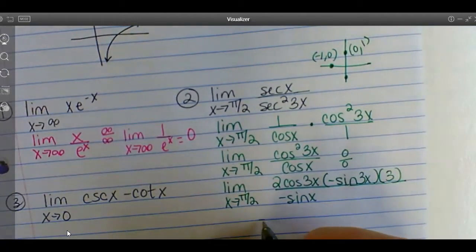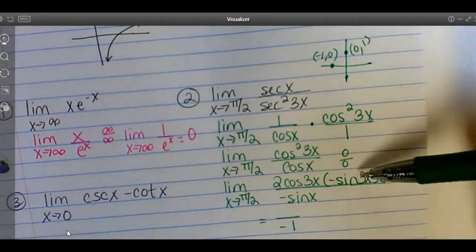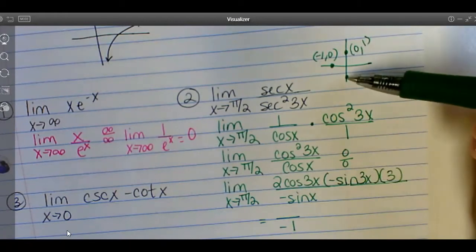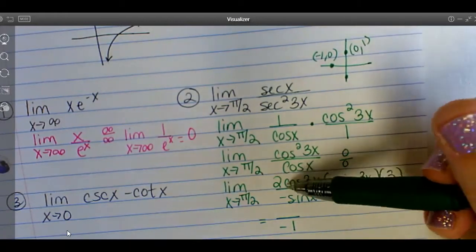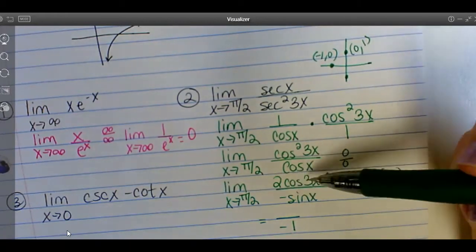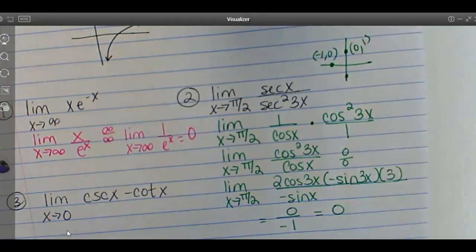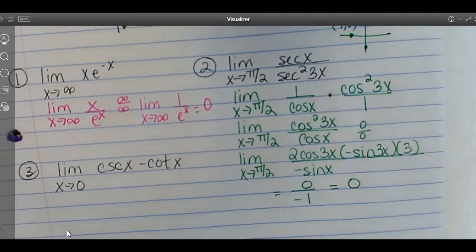So I know that the bottom here is a negative 1. I know that this is going to be sine of 3 pi over 2, which would be negative 1. But we still have this cosine, which is 0, so we know we've got 0 times a bunch of stuff. And it's okay for our answer to be 0 as long as the bottom is not infinity.